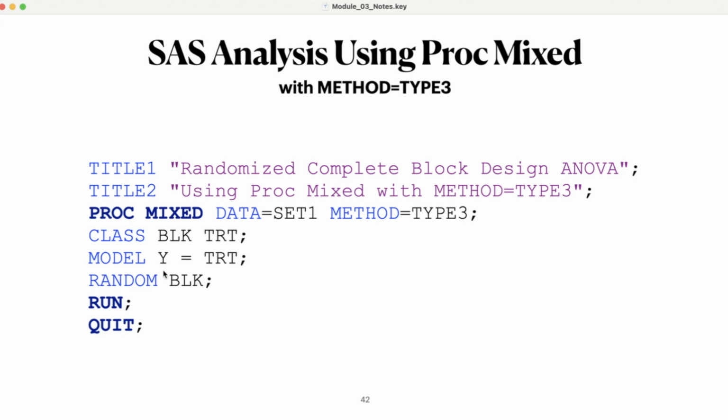So model, and then the response variable, which in this data set is Y, equal to, and then the classification variable that identifies the different treatment groups in the data set. And then we have to specify the random part of the model. Excluding the random error term, we never have to enter that into SAS explicitly. But the blocks are considered random, and so we have to enter those into the model.